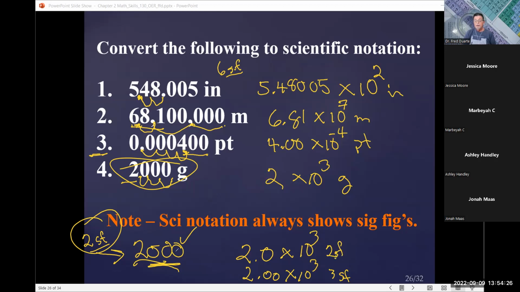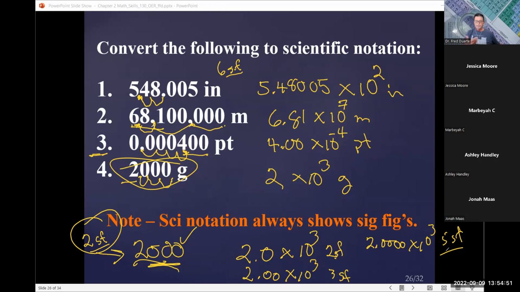Okay, and even if for whatever crazy reason you have to write it with 5 sig figs, okay, no big deal. 2.0000 times 10 to the third, and that has 5 sig figs. It's still the number 2000, but it's written with 5 significant digits.